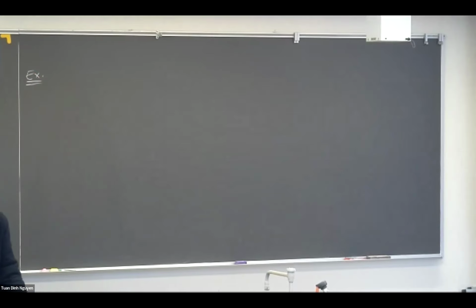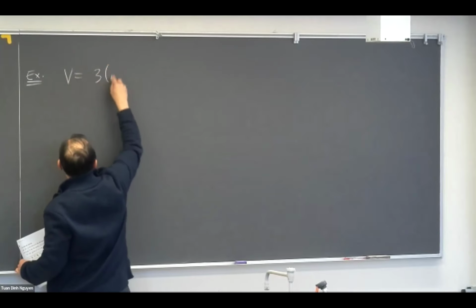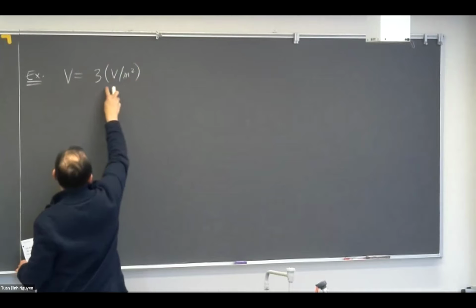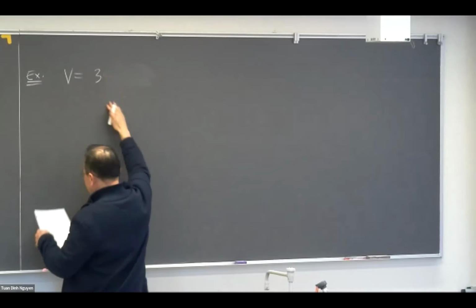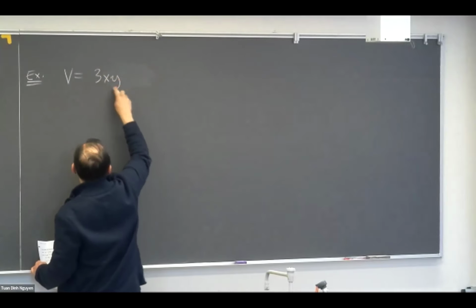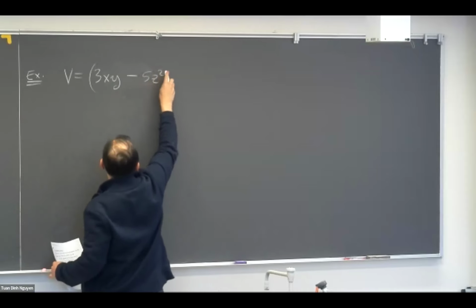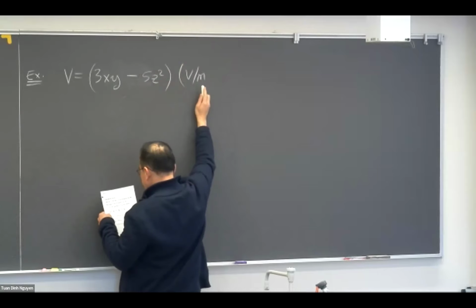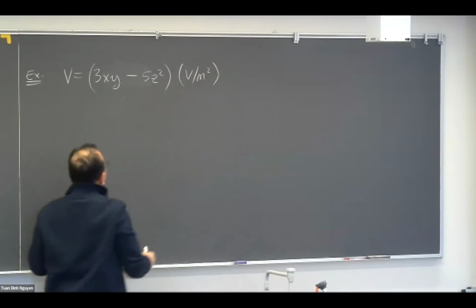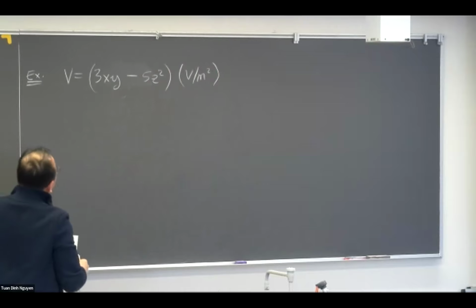The potential is given by 3xy minus 5z squared, and then the units will be volts over meters squared.